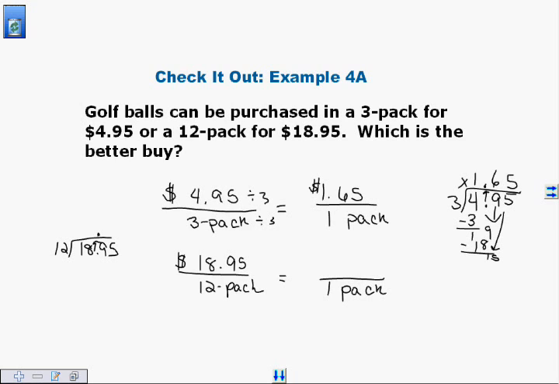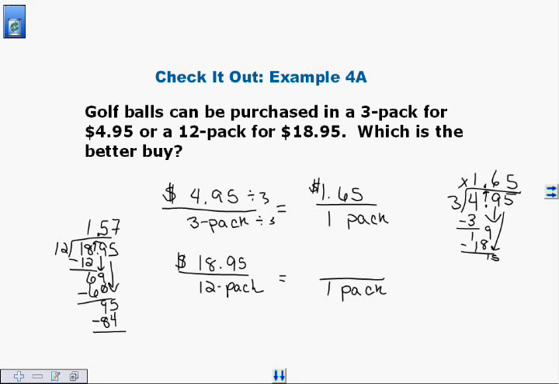Decimal comes straight up. 12 goes into 18 one time, and we get 12. 8 minus 2 is 6. 12 goes into 69, and remember, if you have to come off to the side and do your multiplication, that's fine. 5 times, which is 60. 12 goes into 95 7 times, which is 84.